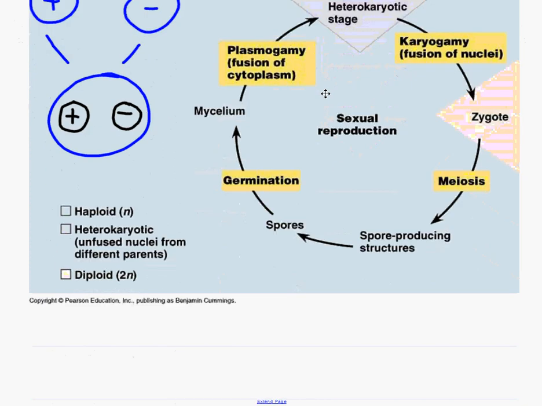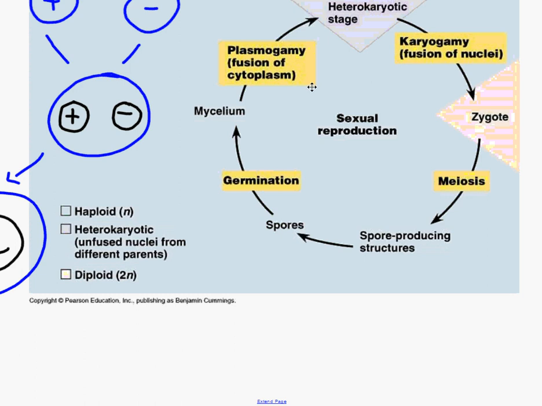Well, those nuclei will also combine, and this step is called karyogamy. Karyo, nucleus. Gamy, combination. And so then you have this diploid cell.